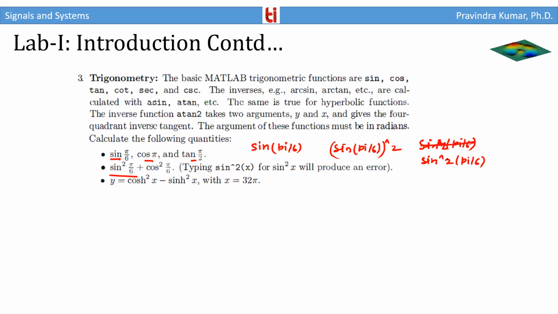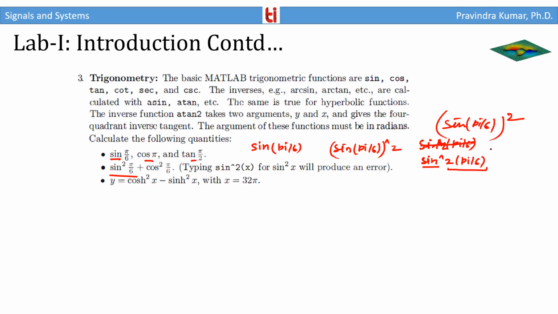You will not write like this. It will give you an error, because it will understand that the power of sine is this, not the power of sine pi by 6. So there is a difference between these.